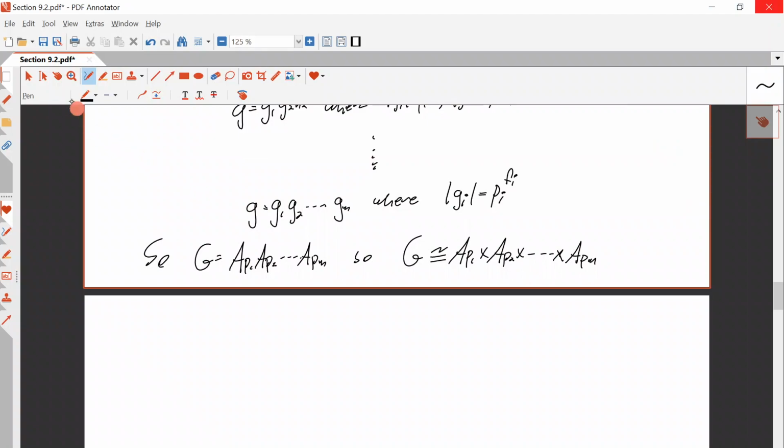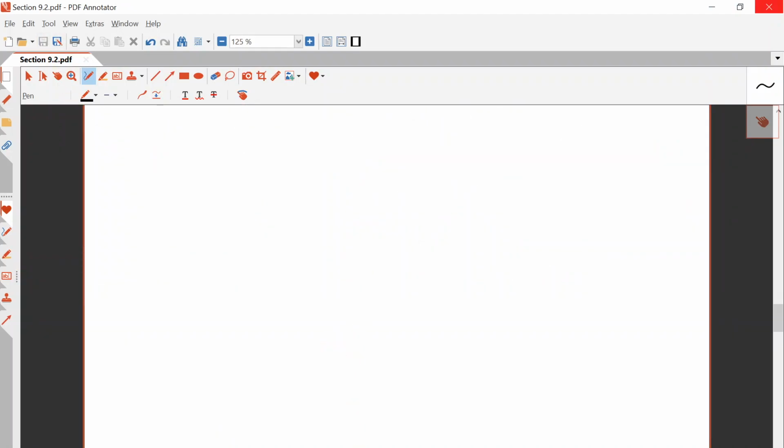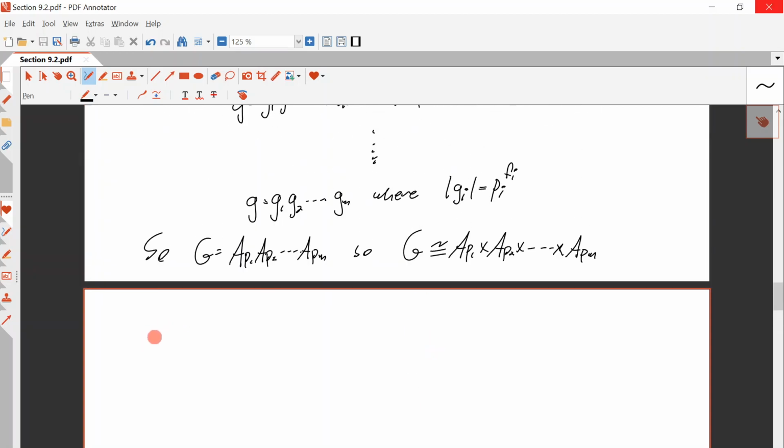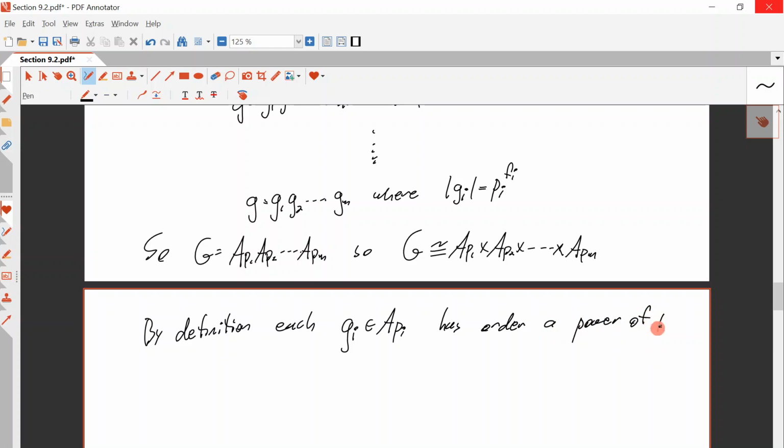All right. So, by definition, each Gi in A_Pi has order a power of P to the i.